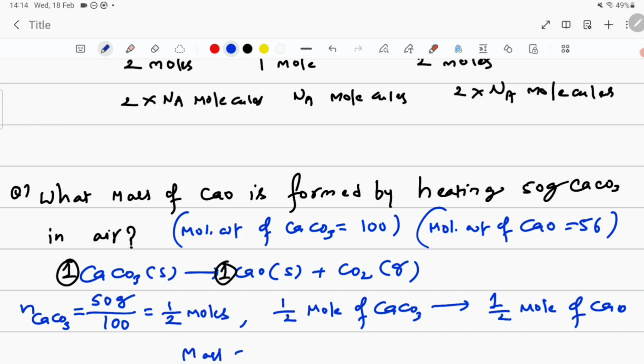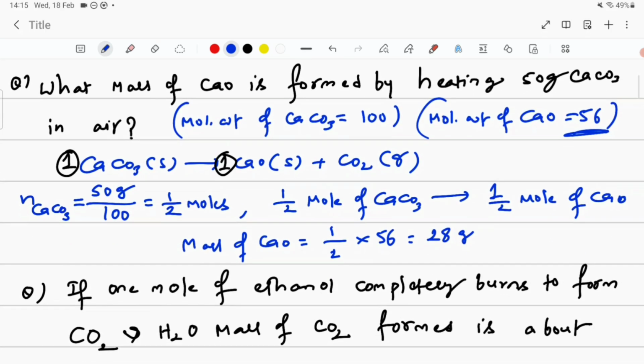Mass of CaO is equal to moles times molar mass. We know 1 mole of CaO has mass 56, so half mole of CaO has mass 28 grams. 28 grams is the answer. Simple question, no complexity.